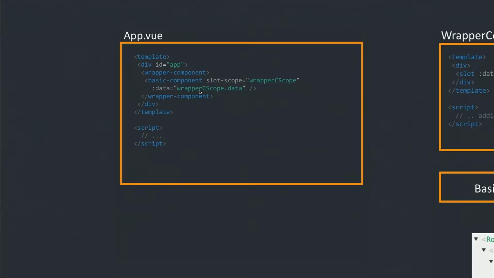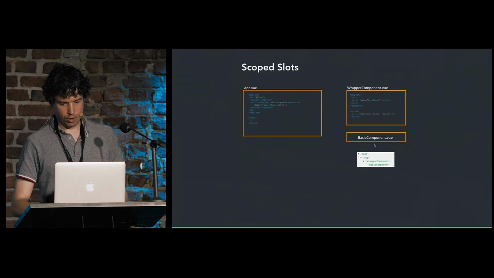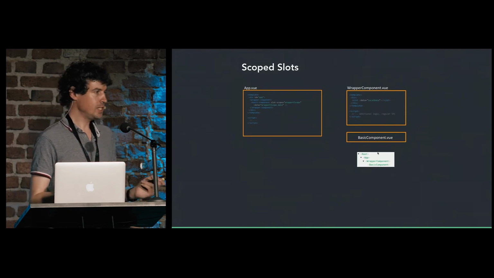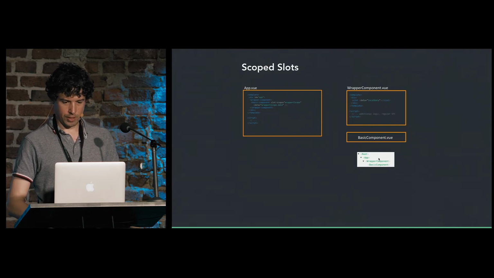And it's not only an alternative for higher order components, but for other use cases, a very powerful tool as well. So it's documented in the official documentation, but it's easy to overlook its true power.